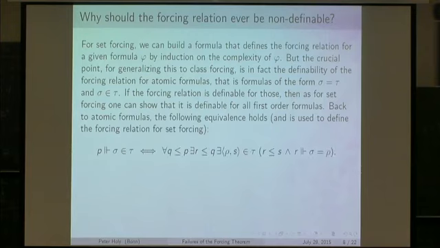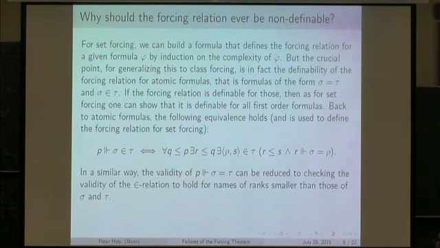For atomic formulas, we have, like in set forcing, the following equivalence. We say that the condition p forces that the name sigma is an element of tau if and only if there's a dense set of conditions forcing some equality below names sigma and rho, where rho is a name which is of smaller rank than tau. And then for equality, we have a similar definition, and you get an inductive definition on the ranks.